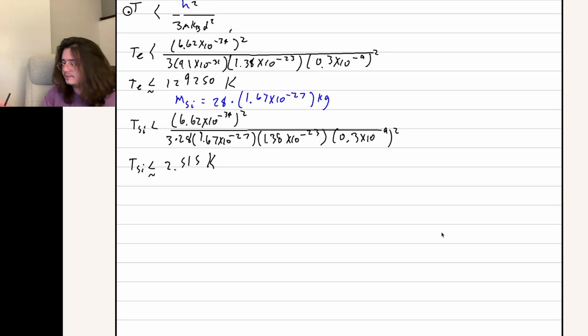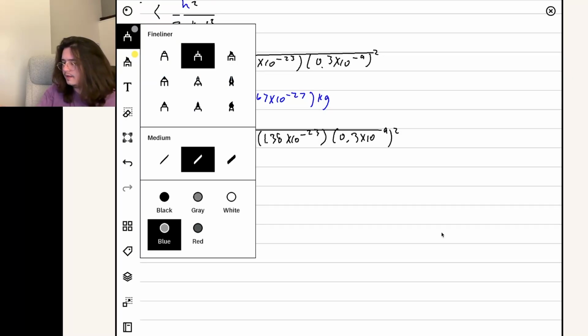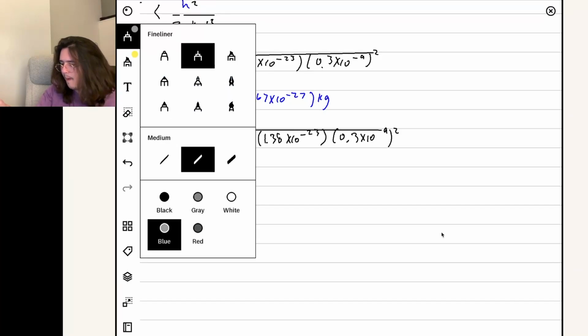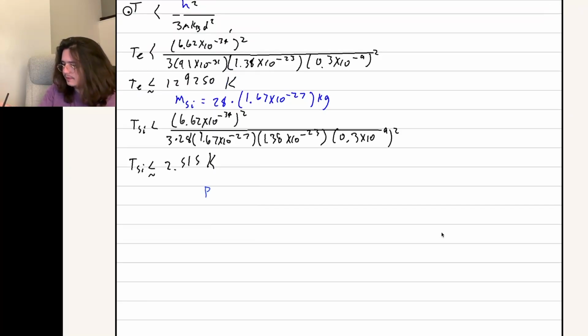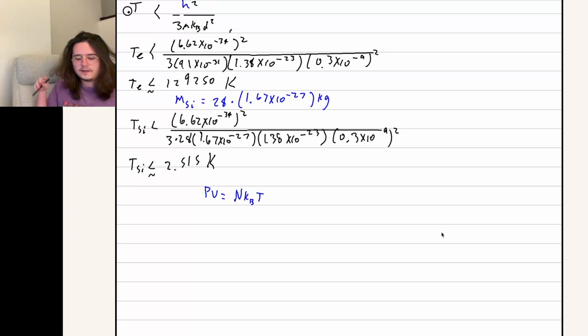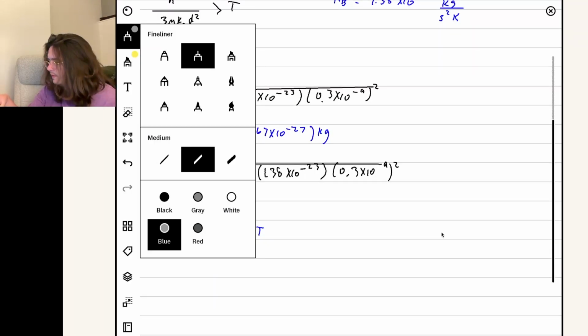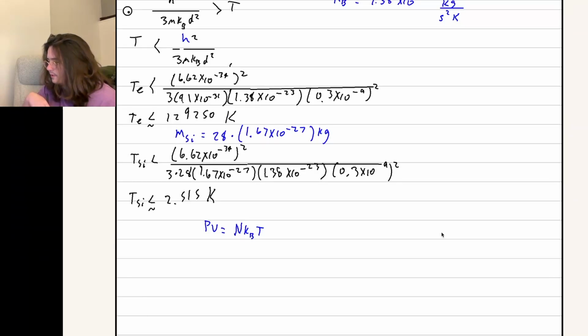The next bit of the problem is asking us to look at the ideal gas equation. That is, PV equals N kB T. And just kind of use this equation in accord with what we've already used to think about what temperature things have to be given that it's an ideal gas.